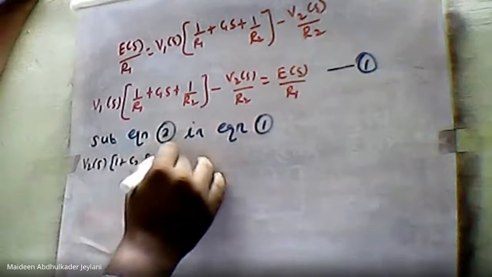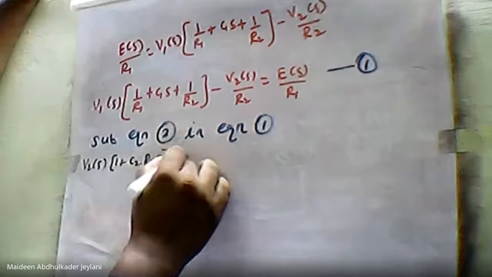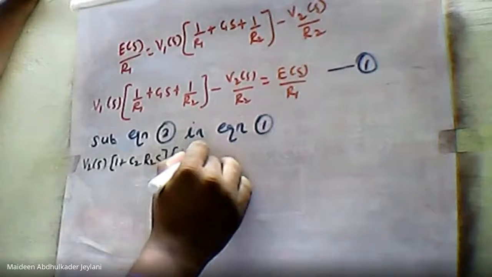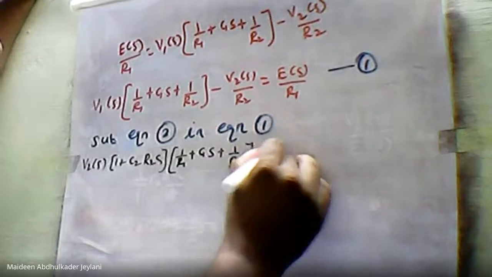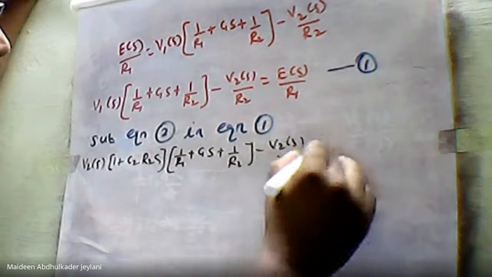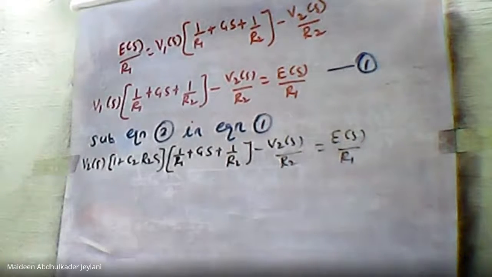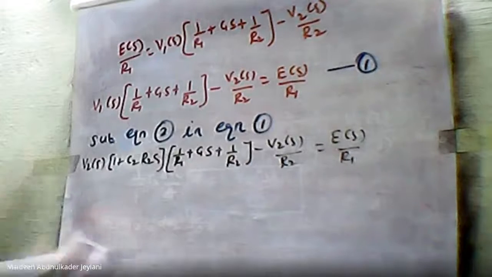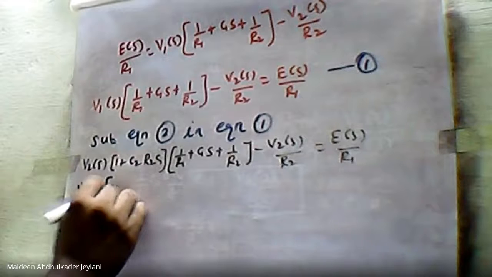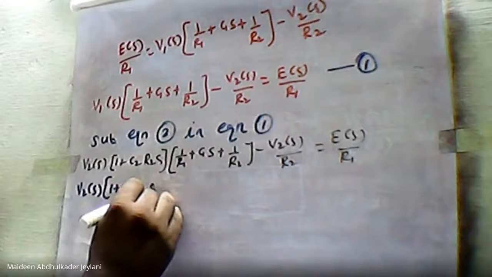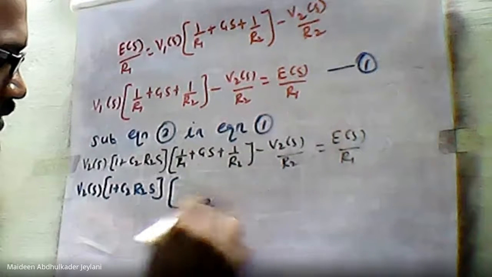Okay, and then this term 1 divided by R1 plus C1 into S plus 1 divided by R2 minus V2 of S divided by R2 equal to E of S by R1. Okay, now let's take an LCM for simplifying this equation. V2 of S into 1 plus C2 into R2 into S. Okay, take an LCM here, R1 R2.